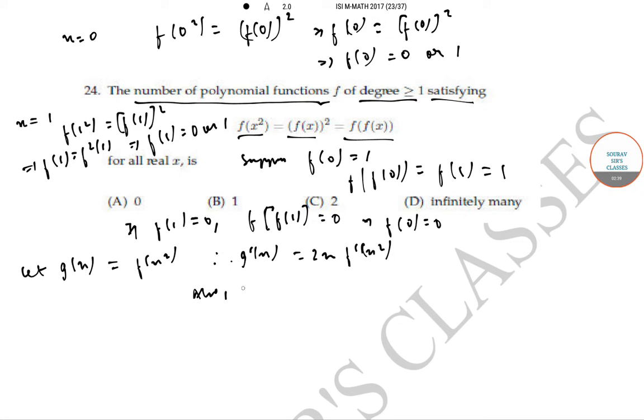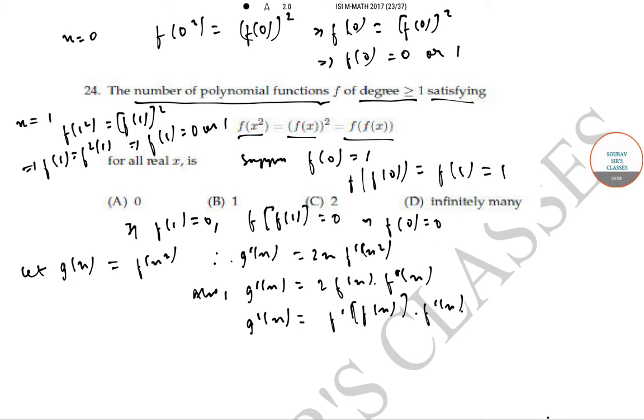Also, g dash x is equal to 2 into f(x) into f dash (x), is equal to f dash (f(x)) into f dash (x), using the other functions. Therefore, f dash (f(x)) is equal to 2 into f(x).